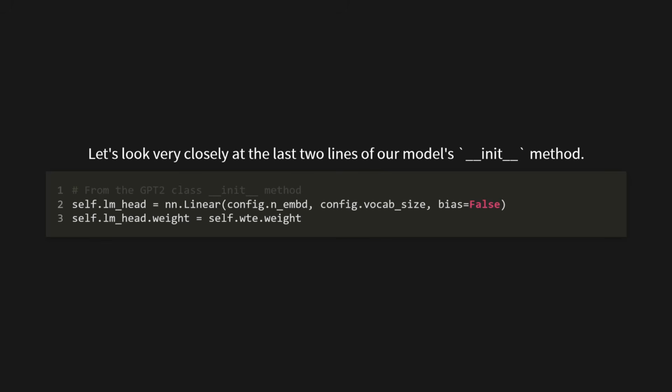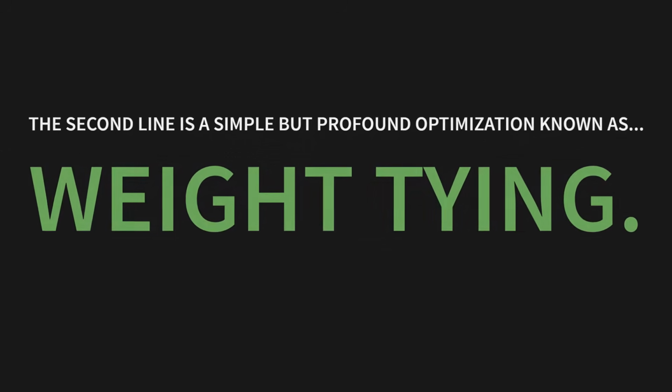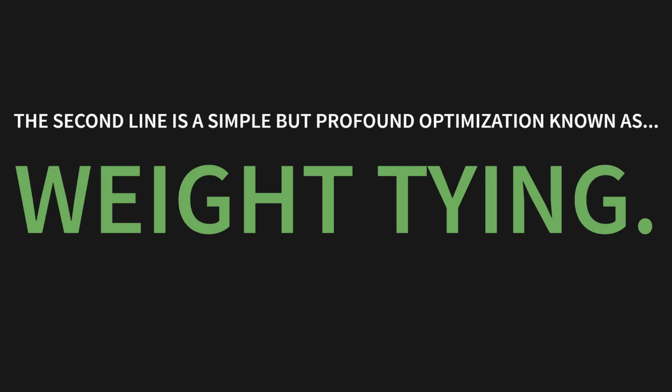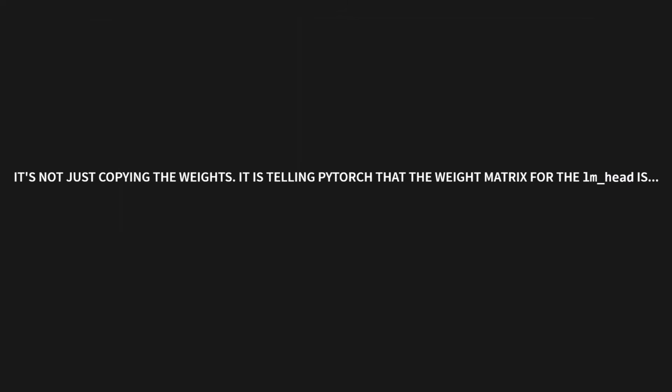self.lm_head = nn.Linear(...), and then self.lm_head.weight = self.wte.weight. The second line is a simple but profound optimization known as weight tying. It's not just copying the weights.